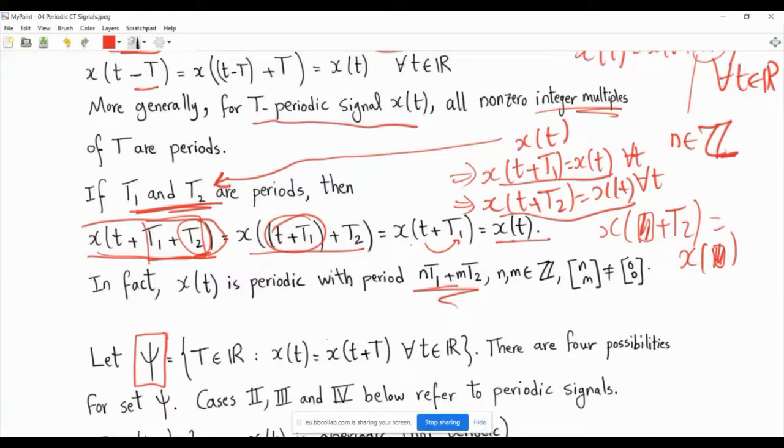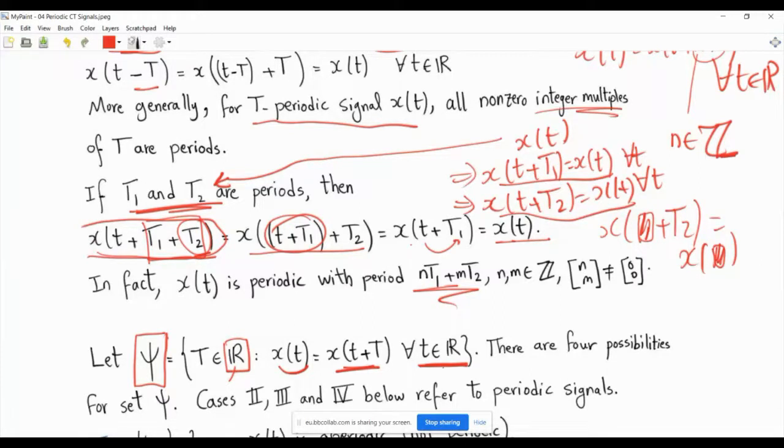Psi is the set of all big T's that are real numbers, and we are now allowing big T to be equal to 0 for mathematical reasons that will be obvious shortly, such that x of t is equal to x of t plus big T for every real small t.